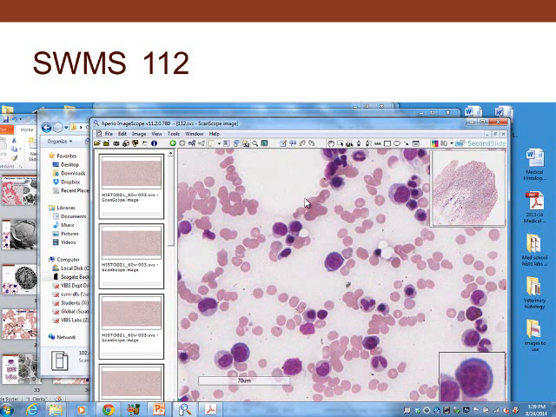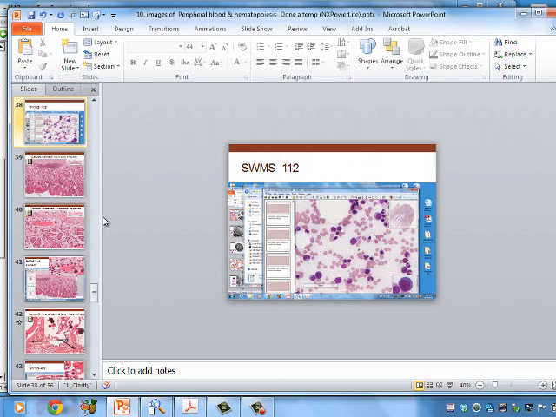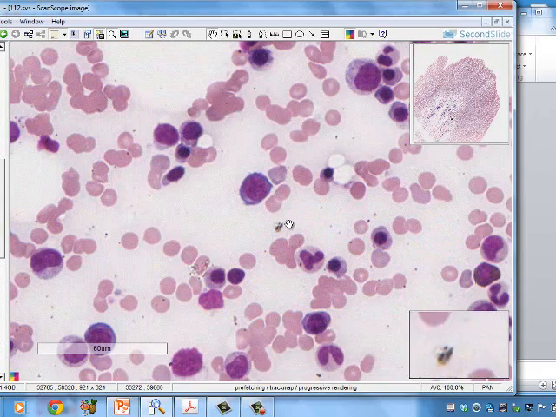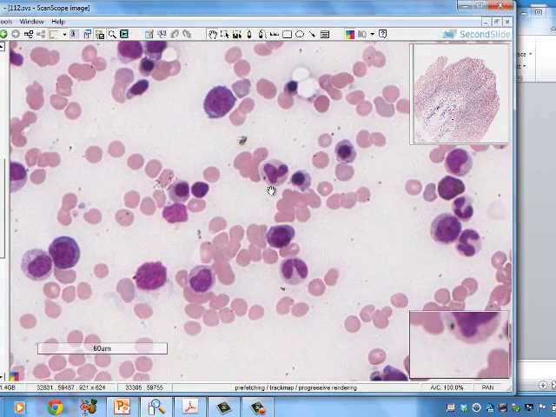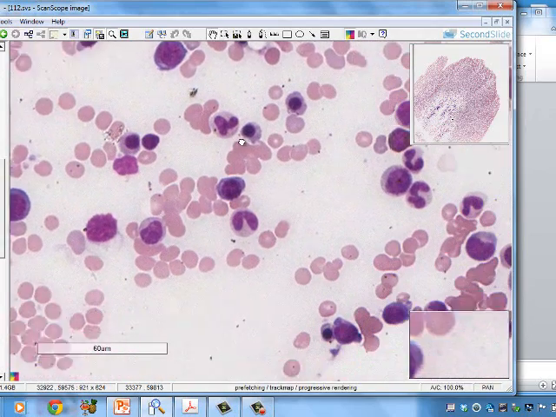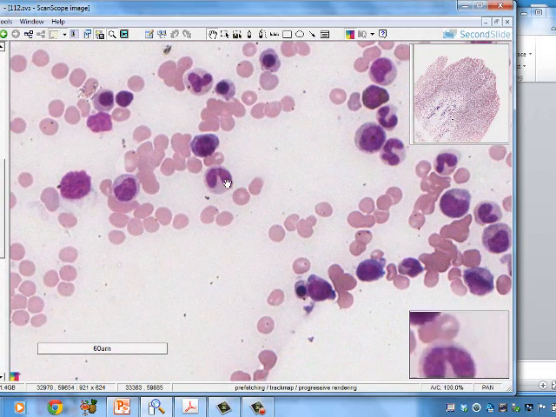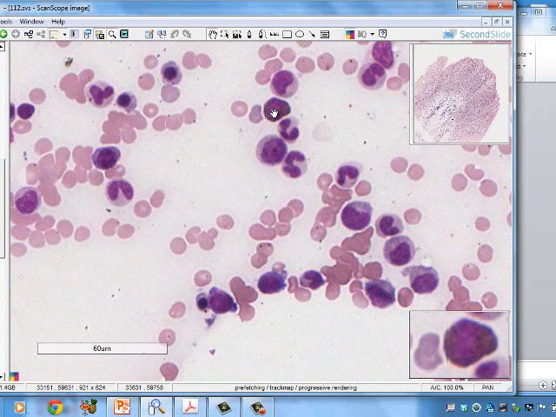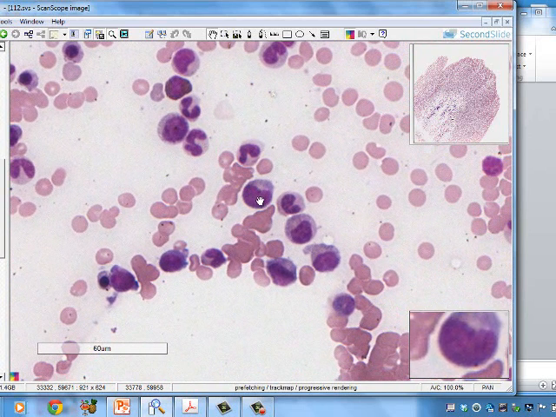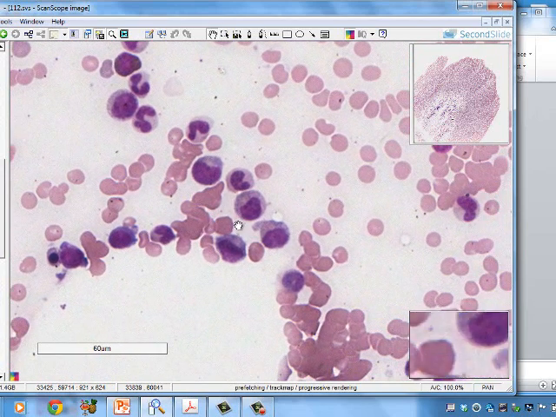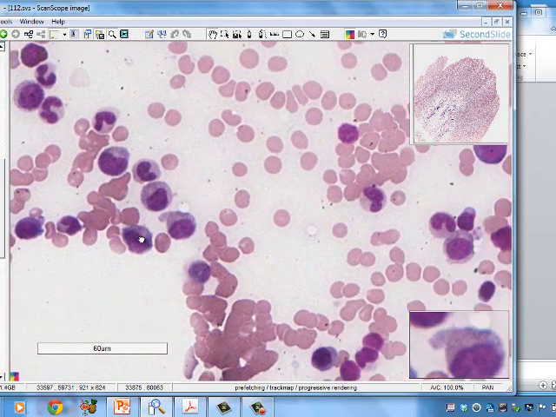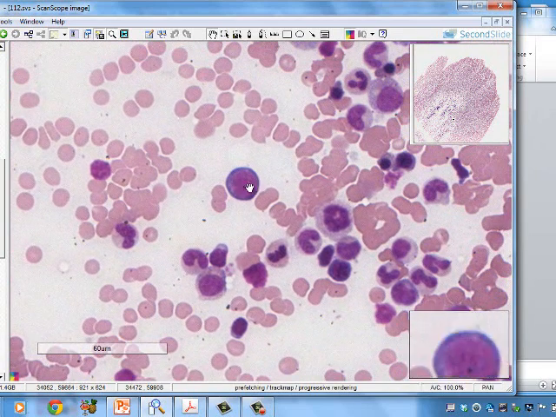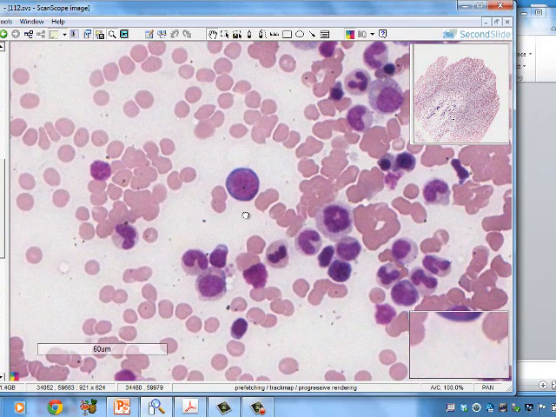And so if we look at that again, we can see the granulocytic series. There's a neutrophil, stab cell or band cell, another one. There's an eosinophil or basophil, I'm not sure. This would be your myelocyte, and then maybe a metamyelocyte with different granules. There is a red blood cell series.